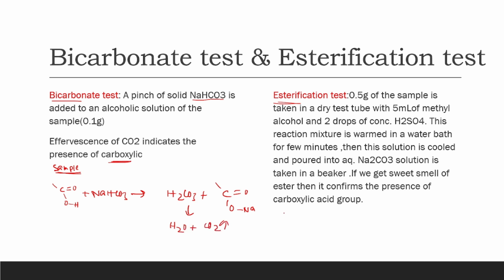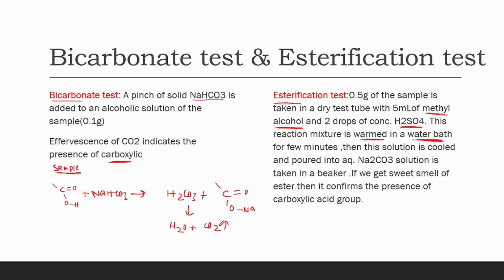On the other hand, in case of the esterification test, 0.5 gram of sample is taken in a dry test tube with 5 ml of methyl alcohol. Here we use methyl alcohol instead of ethyl alcohol. And 2 drops of concentrated H2SO4. This reaction mixture is warmed in a water bath. Keep in mind, warmed in a water bath for a few minutes.